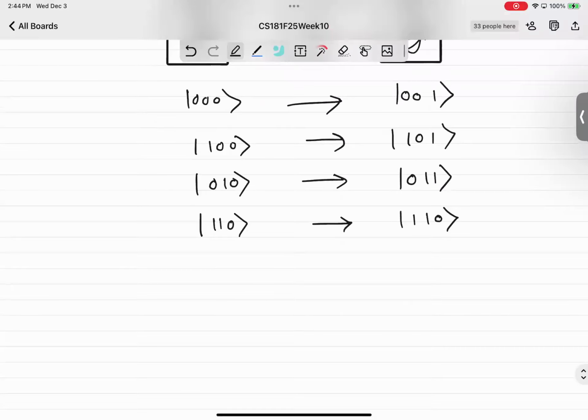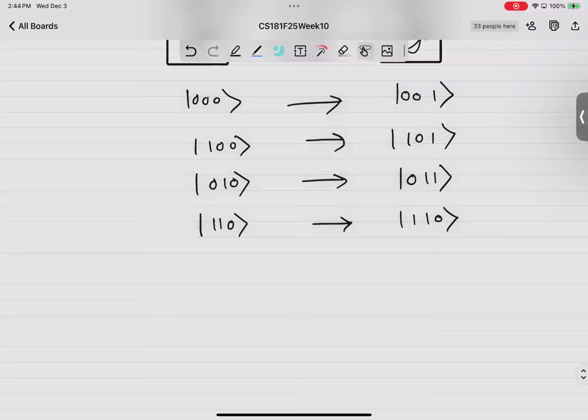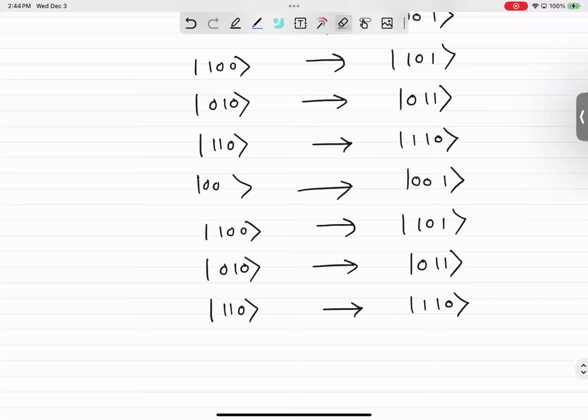Okay, so this is 4. I'm going to be lazy and do it this way. Okay. So this is what the quantum NAND is supposed to do.